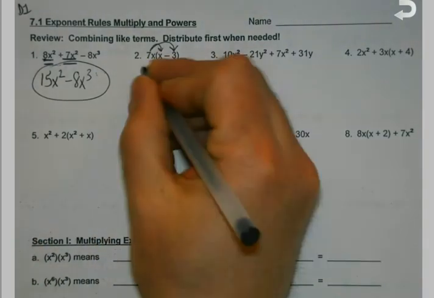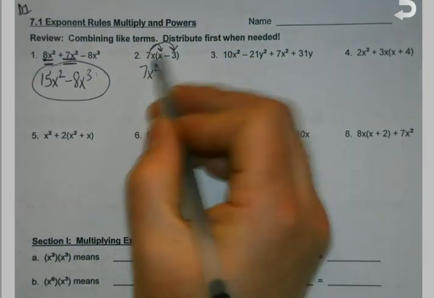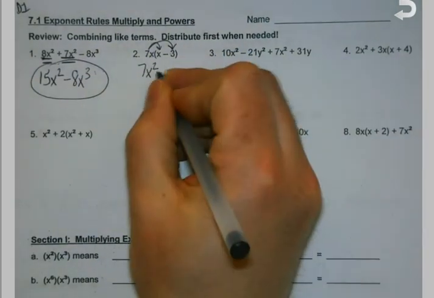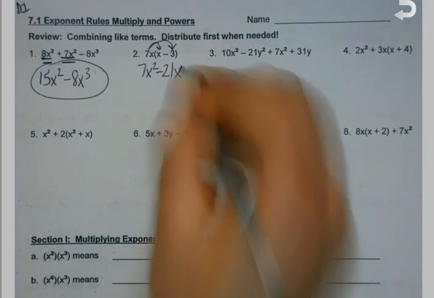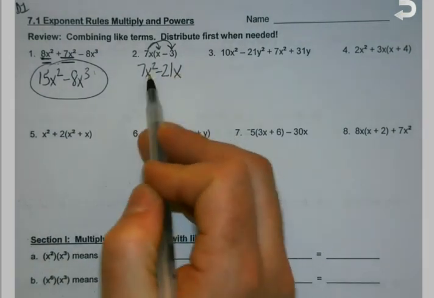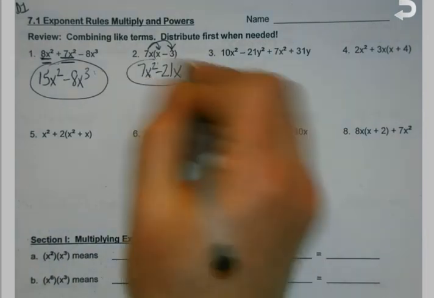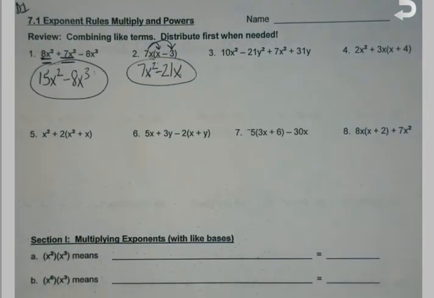X squared. Nicely done. And then 7 times negative 3 would give me negative 21x. And again, I can't go any further, because x squared and x, even though they're the same variable, have different exponents. So I'm done with that one.